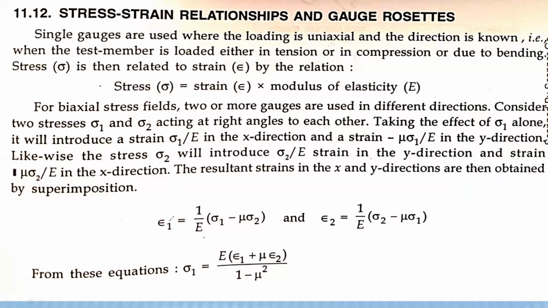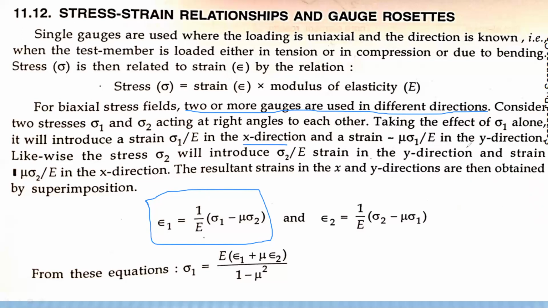In that condition, epsilon 1 is equal to 1 by E into sigma 1 minus mu sigma 2. So how do we get this equation? I am using two strain gauges. Two or more gauges are used in different directions, suppose in the x-axis direction and y-axis direction.